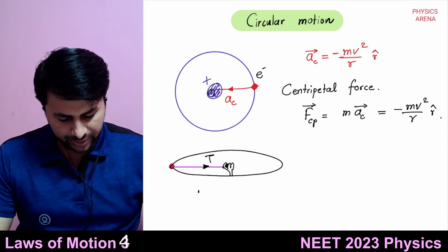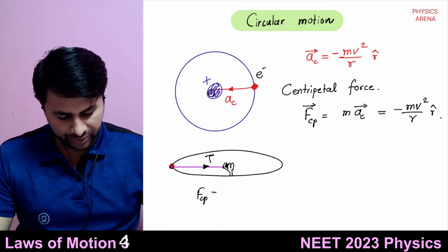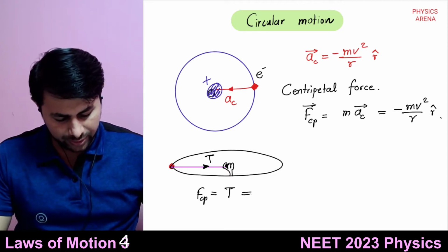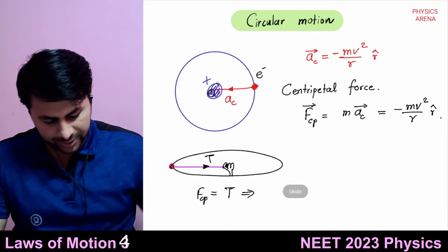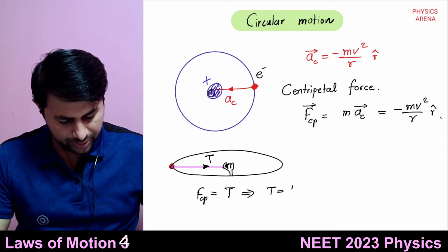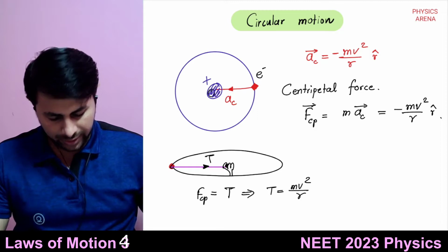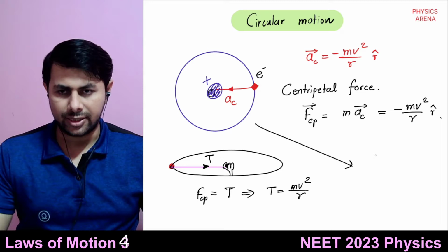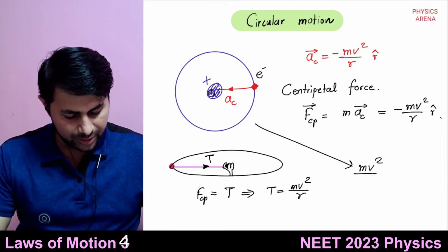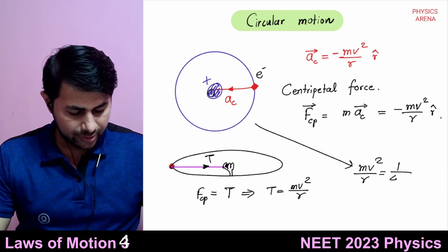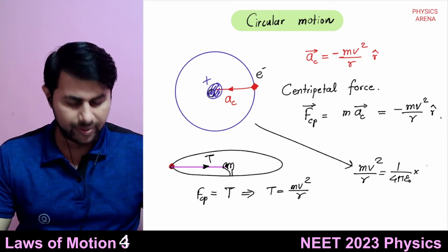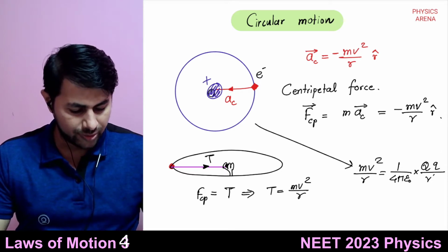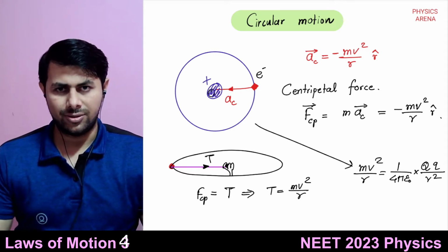In the first case, F_CP, that is mv square upon r, is equal to tension, so T is equal to mv square upon r, and in this case I can write that it is the electrostatic force. So mv square upon r is equal to what? 1 upon 4 pi epsilon naught multiplied by the charge on the nucleus, which is Q, multiplied by the charge on the electron, small q, upon r squared.